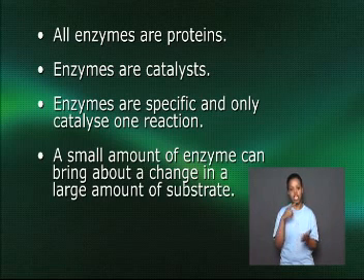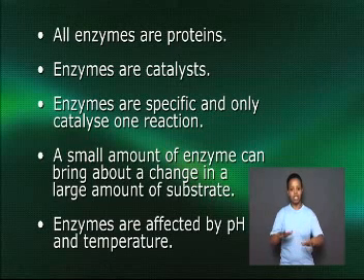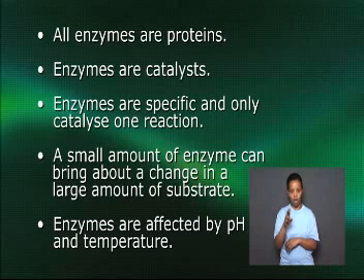Finally, enzymes are affected by both pH and temperature. Higher temperatures can destroy enzymes by changing the shape of their active sites. pH that is too high or too low can also affect the shape of an enzyme's active site, thus preventing it from binding with its substrate.